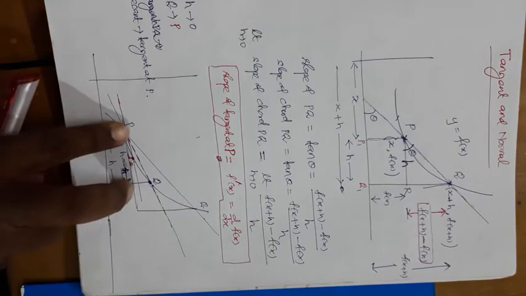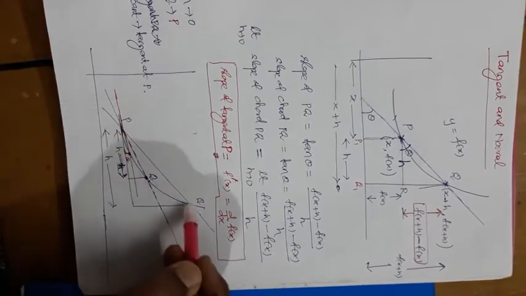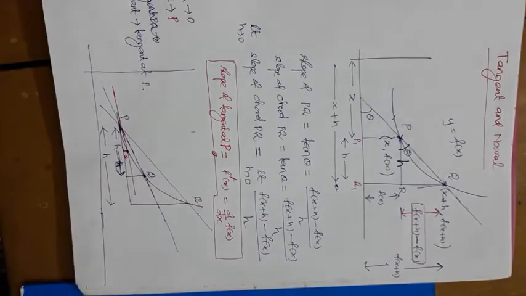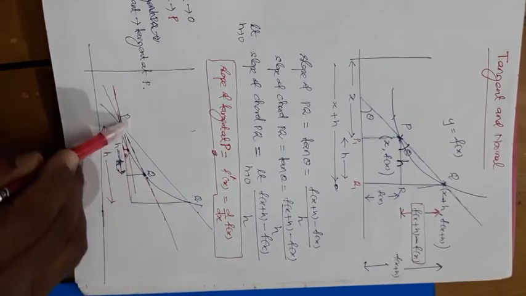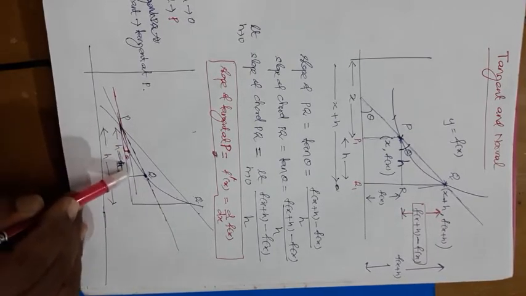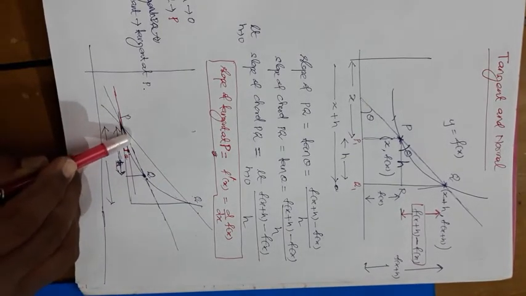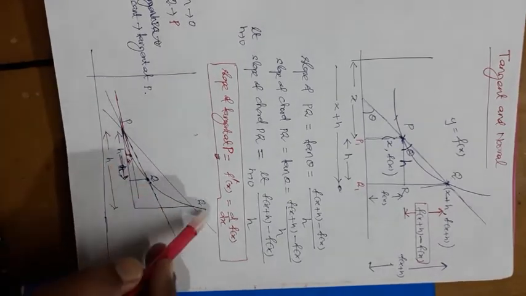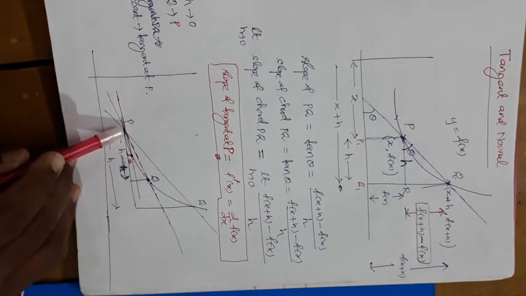When Q tends to P, h tends to 0. In the first case this is h, in the second case this is h. When Q tends to P, this h becomes 0 and it becomes a small triangle, and when h tends to 0, this chord PQ becomes the tangent at the point P.